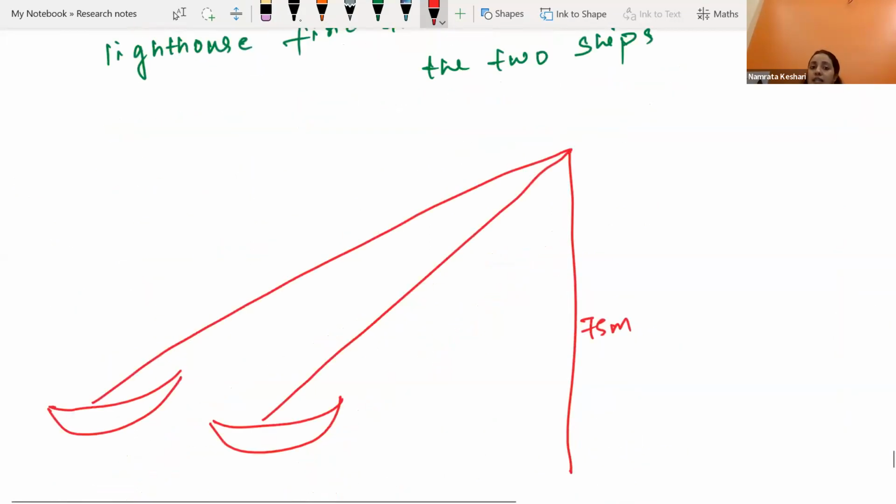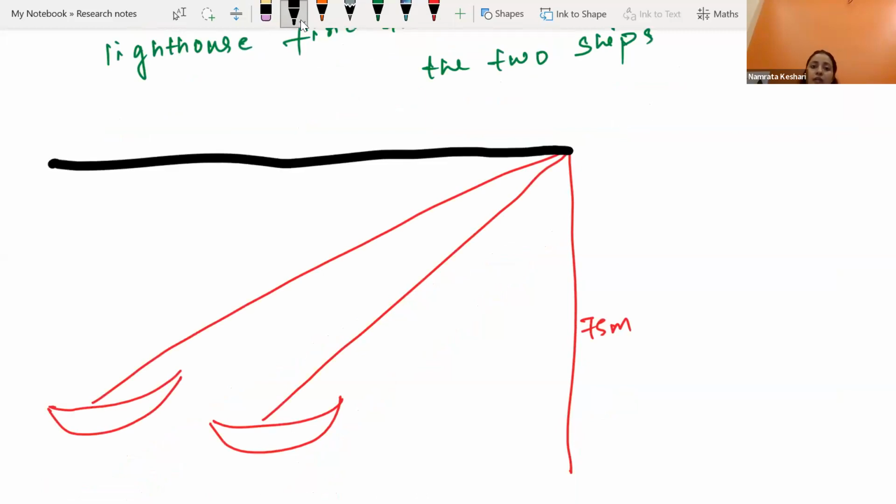Now, as I was telling you, you always have to take the angle of depression with the horizontal line. So from the top of the lighthouse you have to draw a horizontal line. One of the angles is 30°, one more angle is there, that is 45°. So this complete angle is 45°. If it is creating confusion, let me maintain the color.